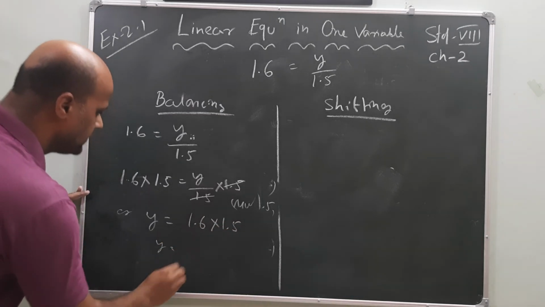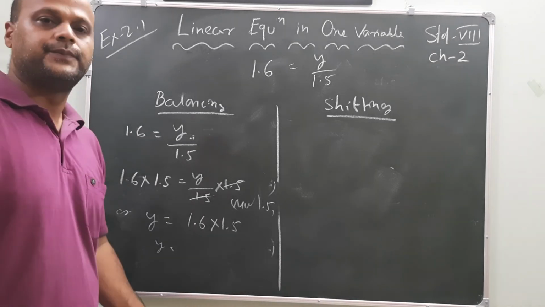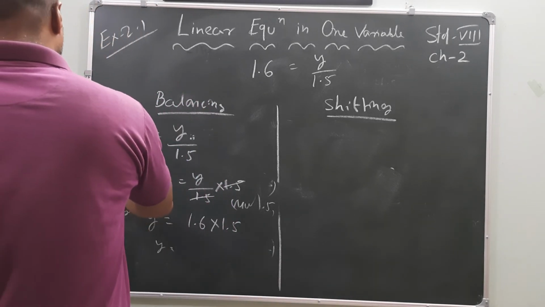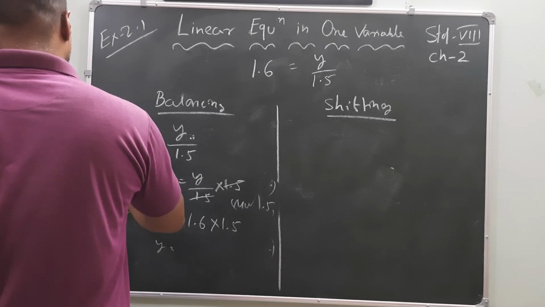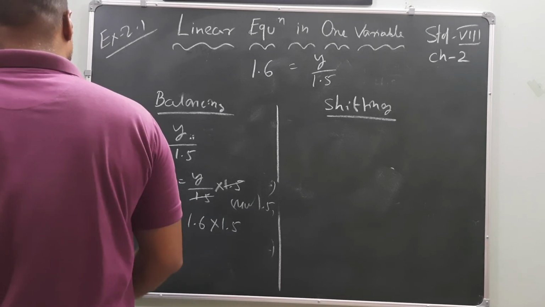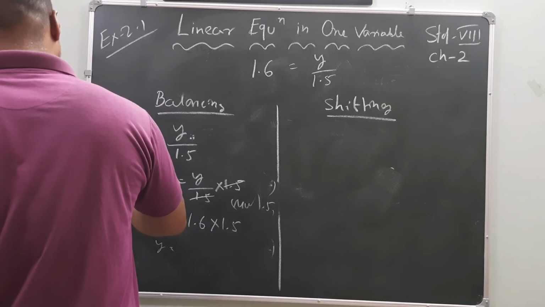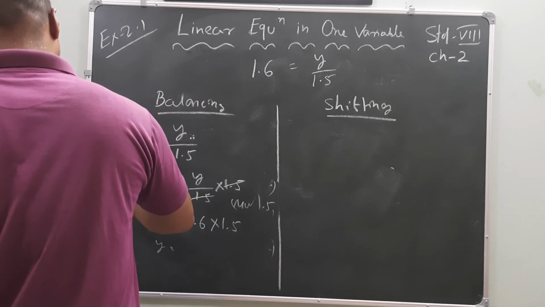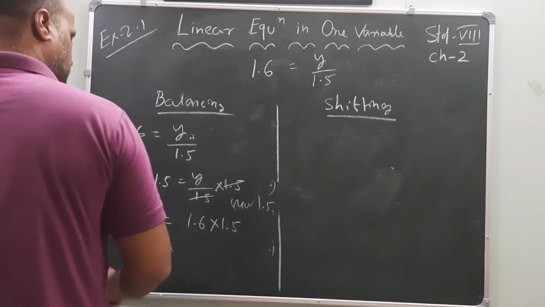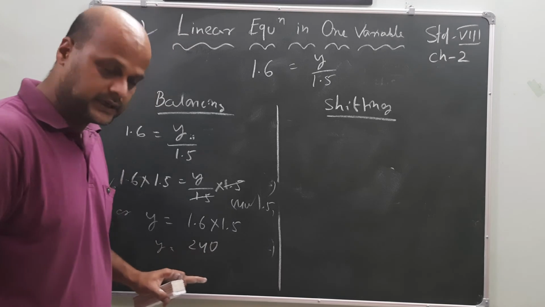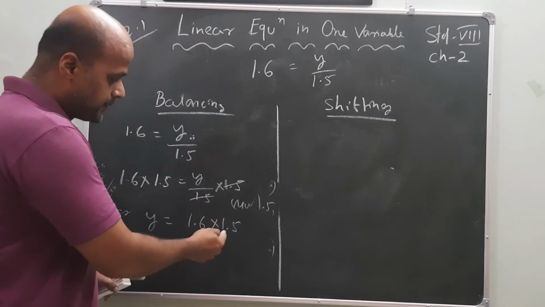Then how much is it coming, my dear friends? 240. Now how do you put the decimal here in the case of multiplication?